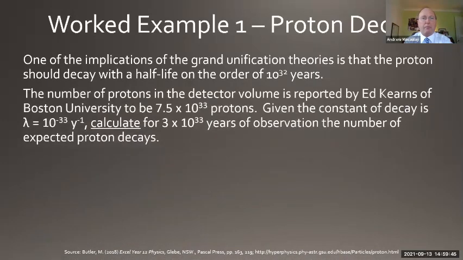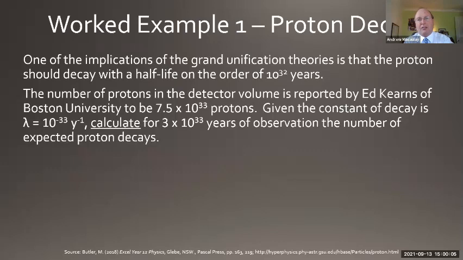Well, if that's true, Ed Kearns of Boston University actually found out the number of protons in a detector volume was 7.5 times 10 to the 33. So how he counted them, probably picked them out one by one.